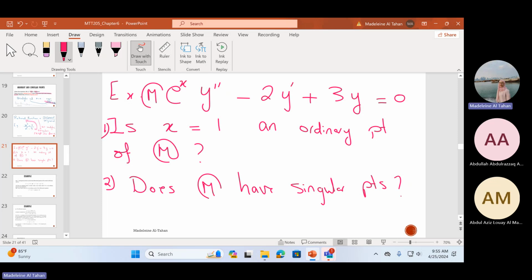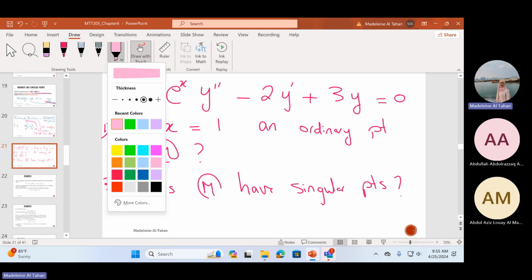Again, what do we mean by ordinary? P and Q are analytic functions. But we have to pay attention. Is it written in standard form? No. So the first step, how do we know that it's not written in the standard form?